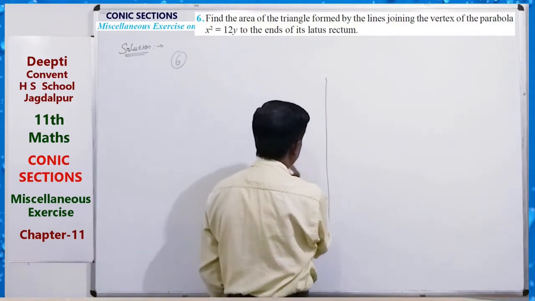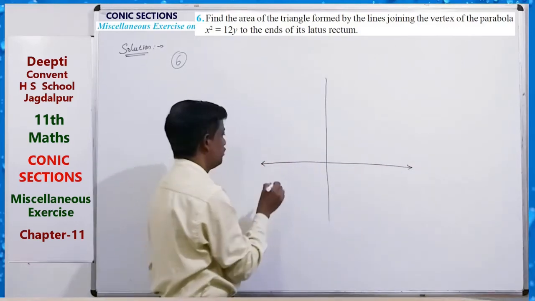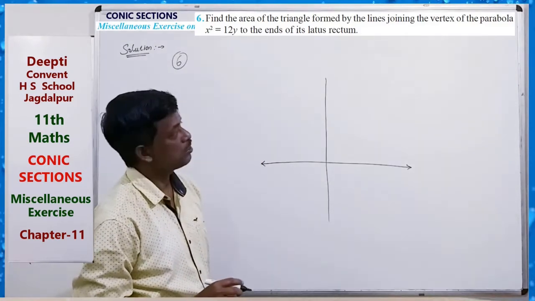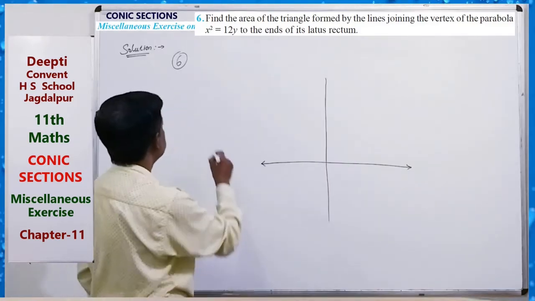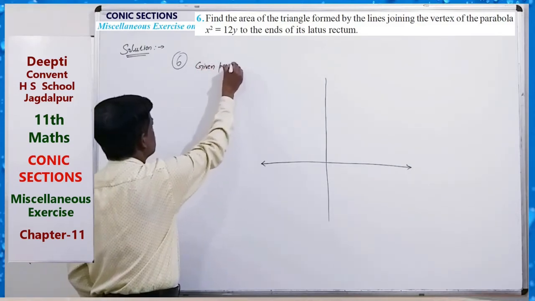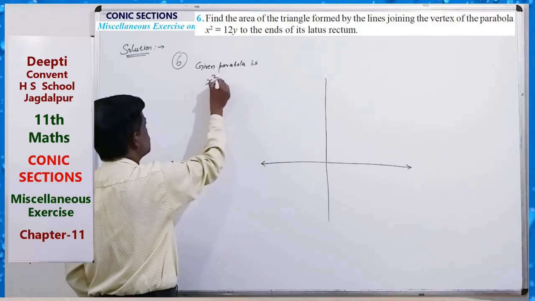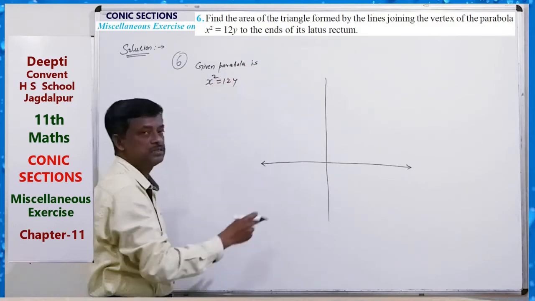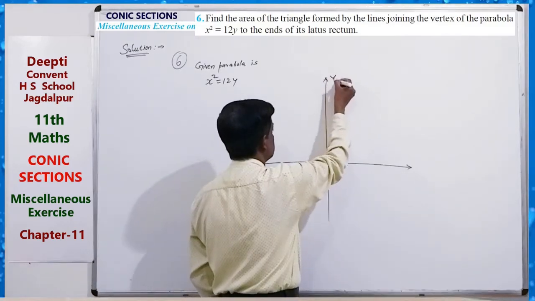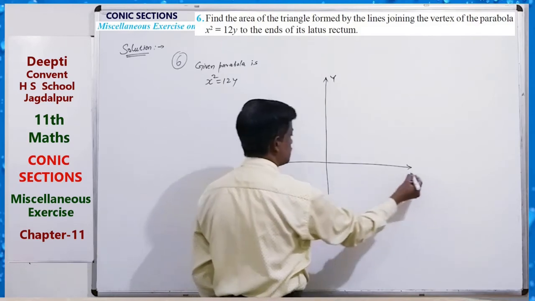Just see the drawing of the given parabola, x square equals 12y. That means it is an upward parabola. So this is the y axis and this is the x axis.